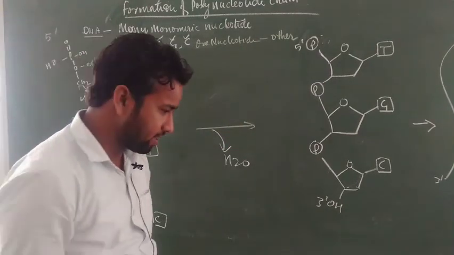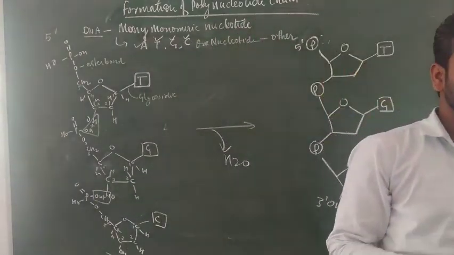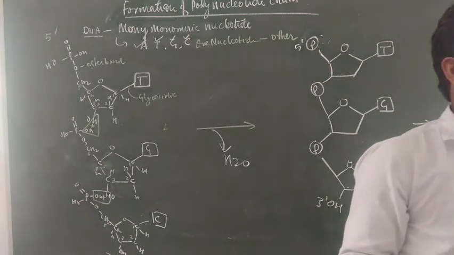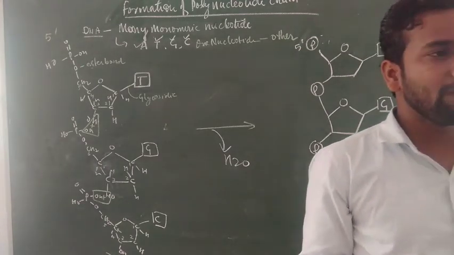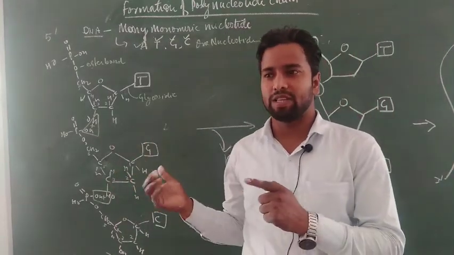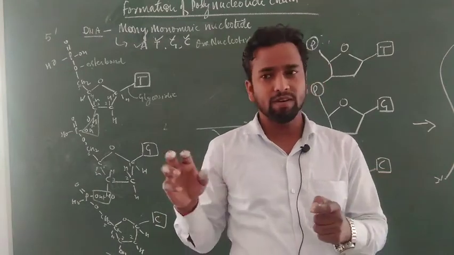each and every nucleotide they form. Generally the length in each organism, if you are talking about any virus, how many nucleotides are present in the DNA, how many nucleotides are present in the RNA, it is countable. If we are able to count the number of nucleotides present in the DNA, we can find the length. What is the length of DNA?